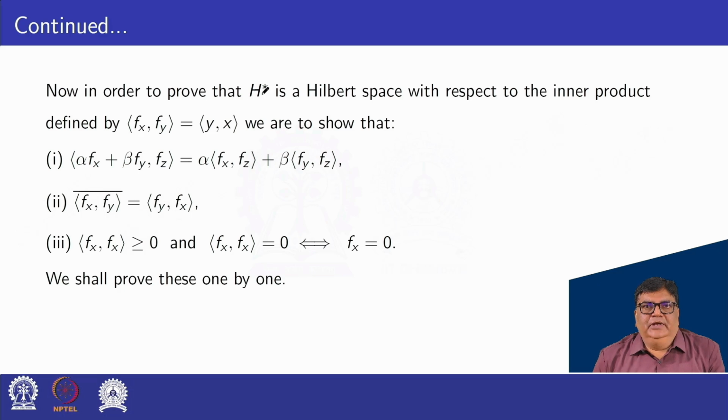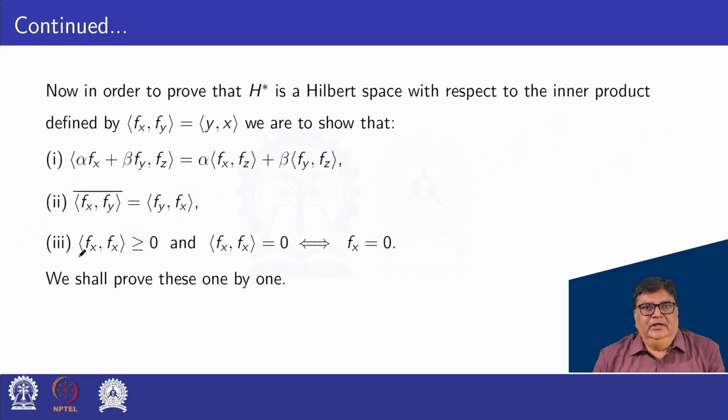Now, in order to prove that H star is a Hilbert space with respect to the inner product defined by the inner product of f_x and f_y equal to the inner product of y and x, we are to show all the properties of inner product for f_x. First, the inner product of α f_x + β f_y and f_z is equal to α times the inner product of f_x and f_z plus β times the inner product of f_y and f_z. Second, the conjugate complex of the inner product of f_x and f_y equals the inner product of f_y and f_x.